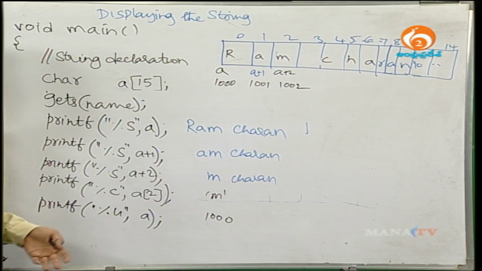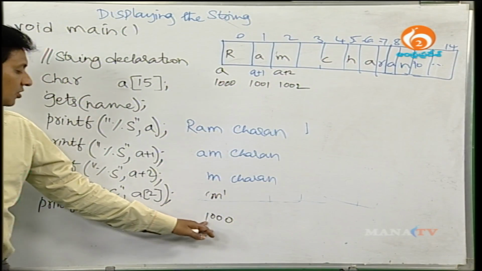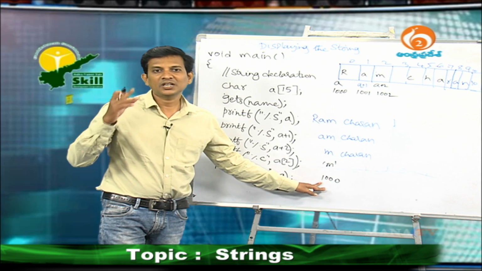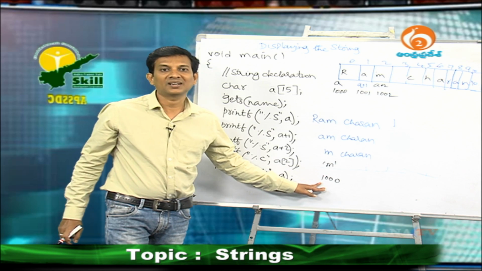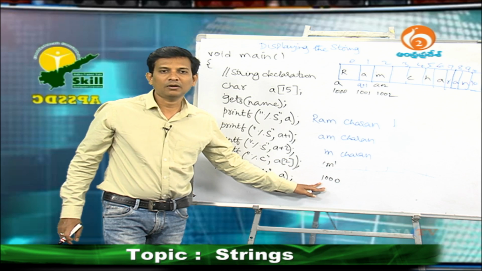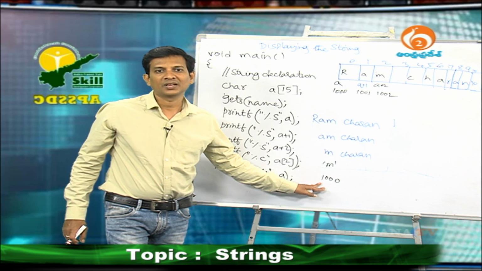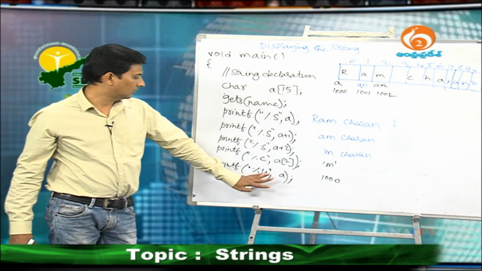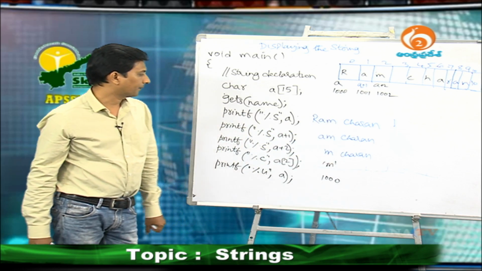Actually this is my assumption, it will start with 0x, something like that. Addresses are represented in hexadecimal form. This is my assumption only. This we will get.